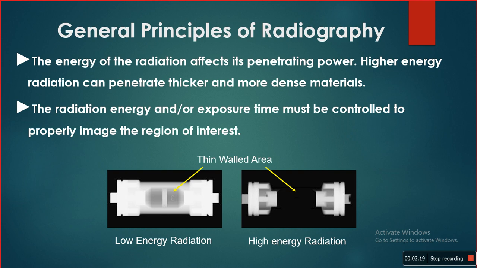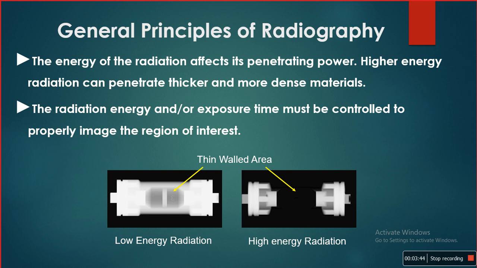So we need to select the proper energy source to get a detailed exposure of the component. Suppose the material contains a flaw at some location, and we use high energy radiation.